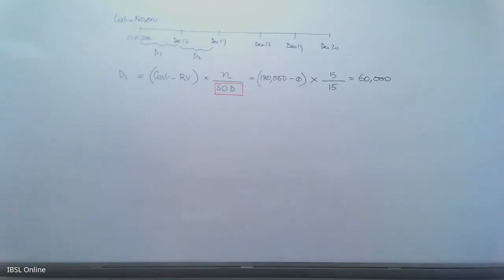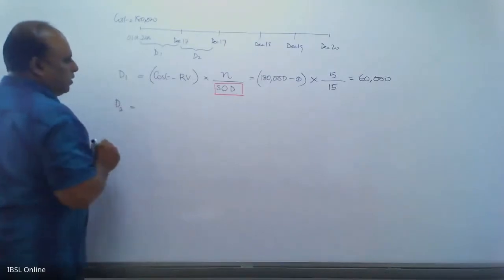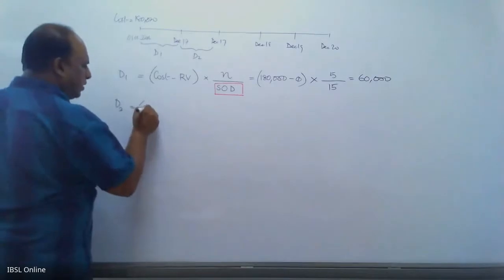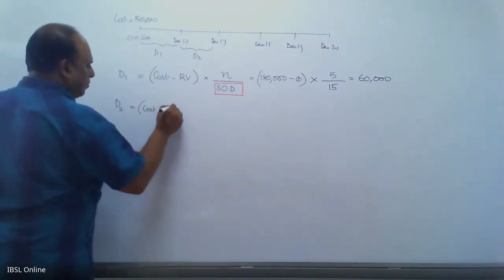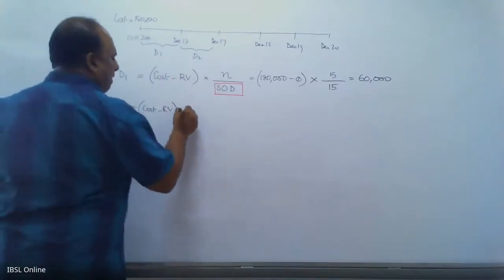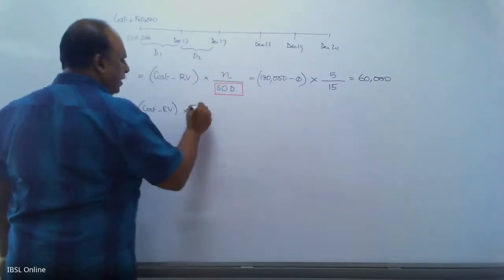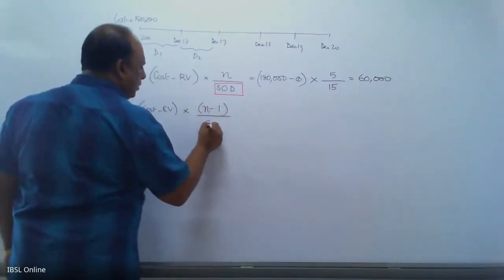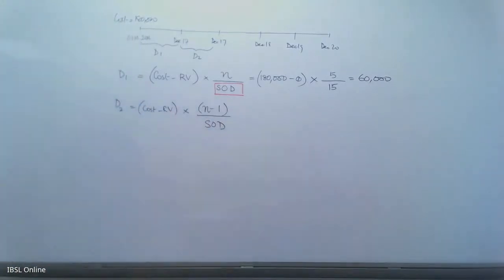Then we calculate D2. Now don't get confused with the reducing balance method. Here also it is somewhat similar to the straight line method. But when you go to the second financial year, it will be n minus 1 divided by SOD.